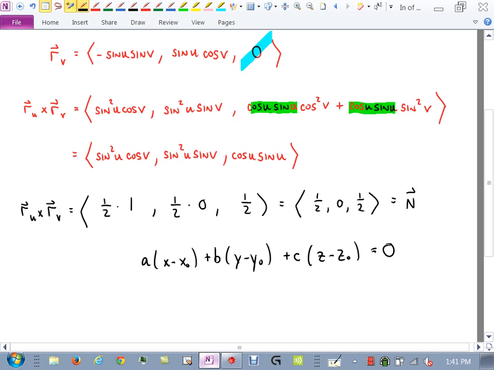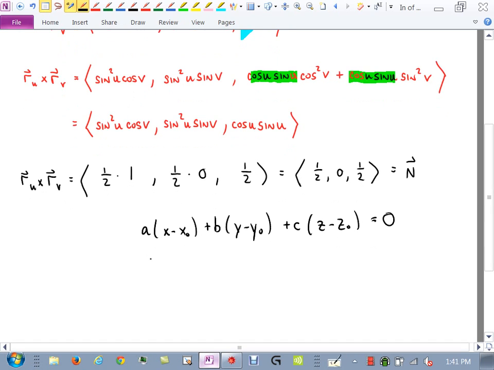A is 1/2, b is 0, c is 1/2. And x naught, y naught, z naught is root 2 over 2, 0, root 2 over 2. So our equation should be 1/2(x minus root 2 over 2). B is 0, so that's gone. Plus c, which is 1/2(z minus root 2 over 2) equals 0.